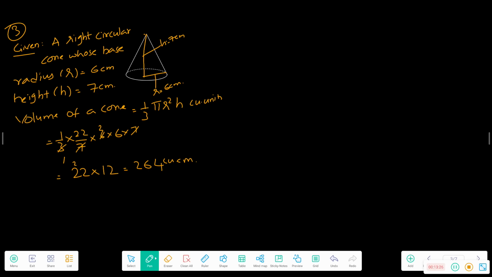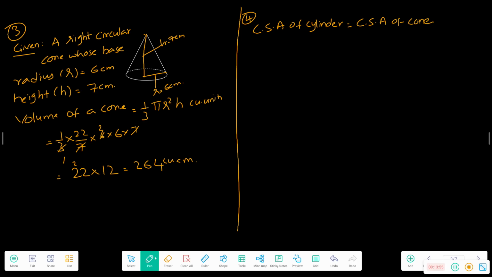Now fourth problem, look at the fourth question. Here they have given that curved surface area of a cylinder is equal to curved surface area of a cone. So CSA of cylinder is equal to CSA of cone.